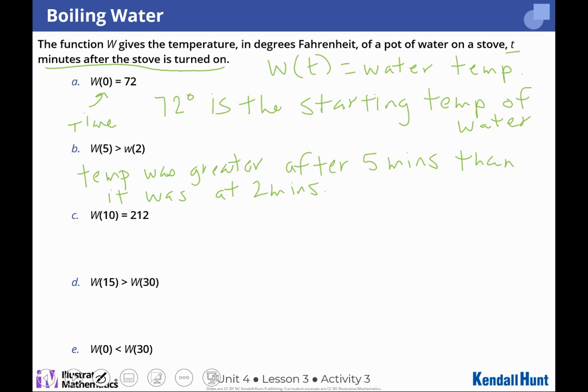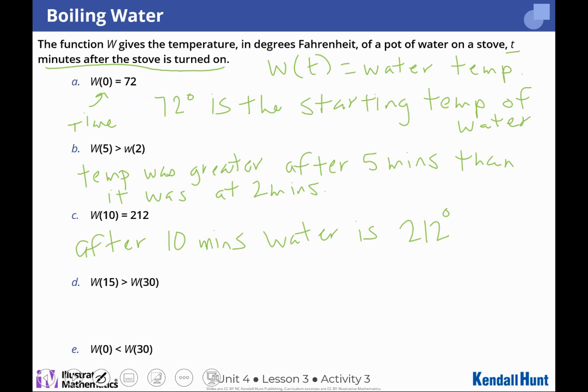Okay, so W of 5, the temperature after 5 minutes, is greater than W of 2, the temperature after 2 minutes. The next one, W of 10 equals 212. That means after 10 minutes, the water is 212 degrees.